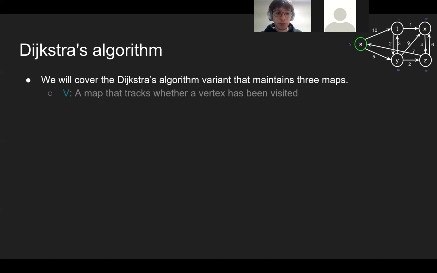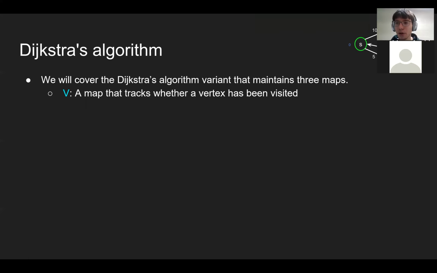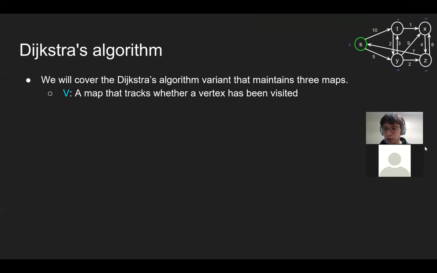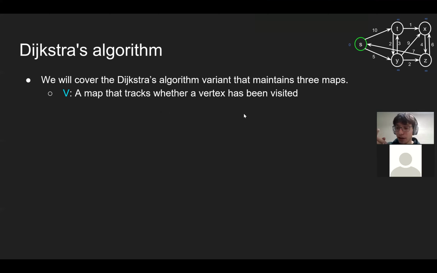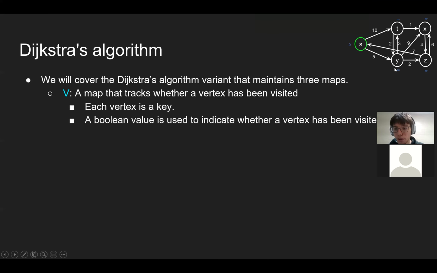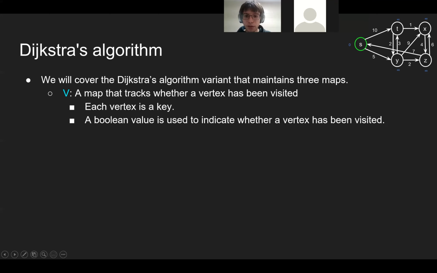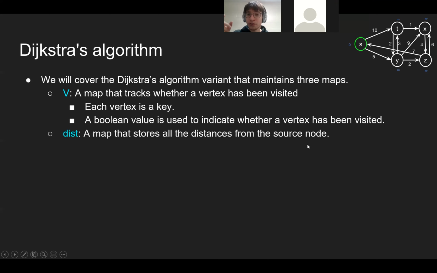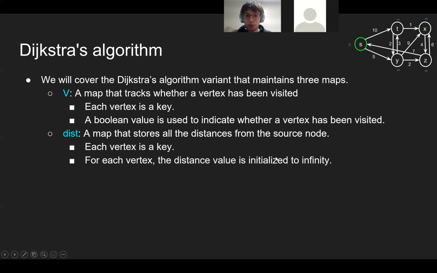So the implementation of Dijkstra's. Generally, we implement it using a couple of maps. Like before, when we saw our table, we had a map V, which is visited or not, in which each vertex is a key, and a Boolean value indicates whether it's visited or not. We have our distance map, which tells us the distance from the source node to this node, where each vertex is a key and the value is the distance.